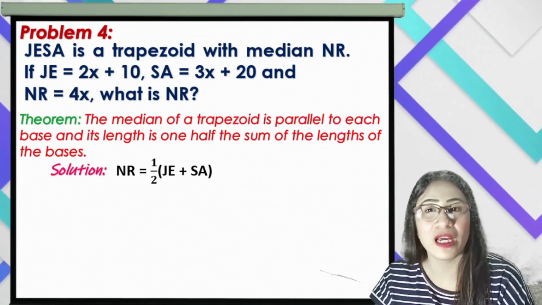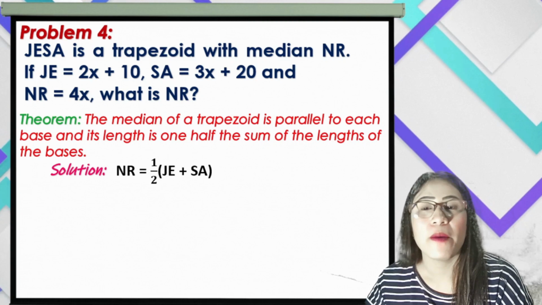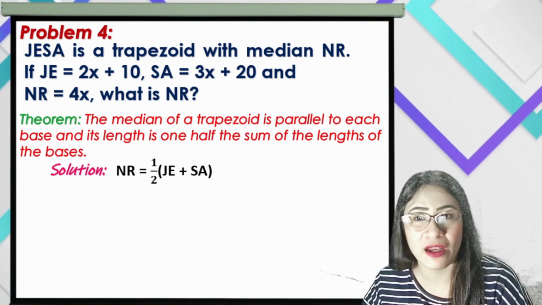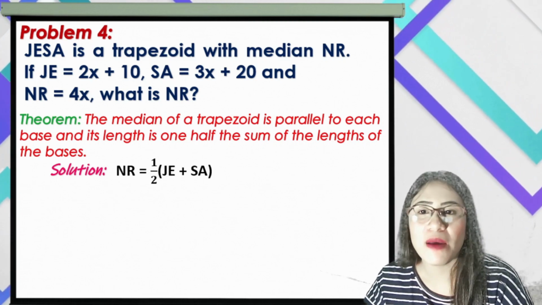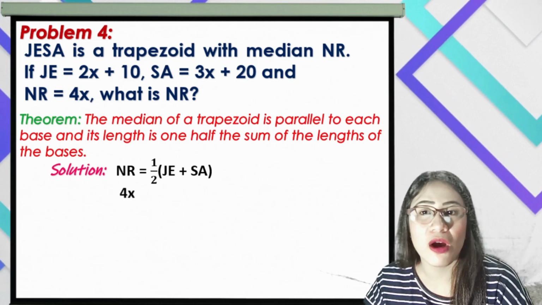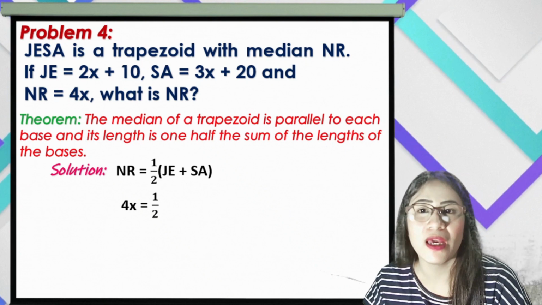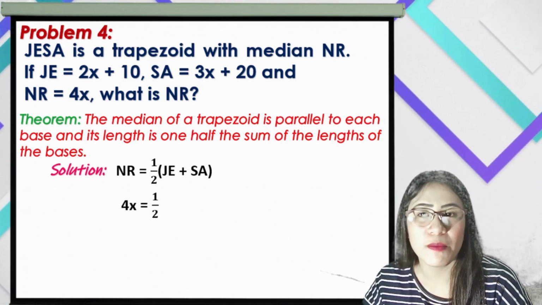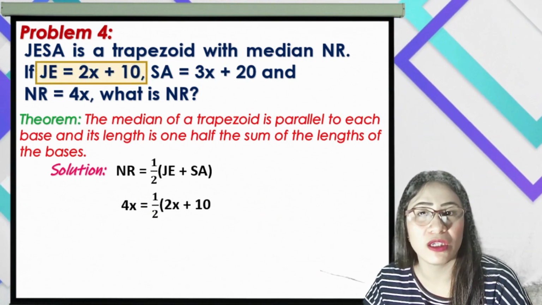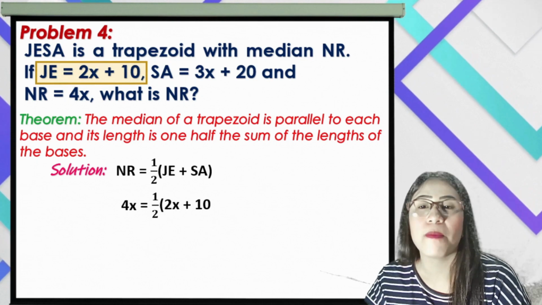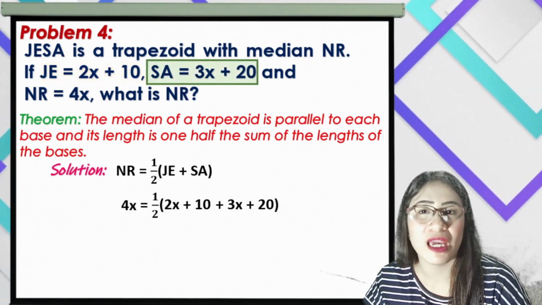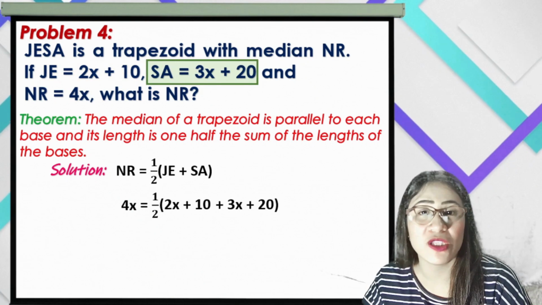We will get the measure of the median NR. The measure of NR, which is 4x, is equal to 1/2 times the measure of JE, which is 2x plus 10, plus the measure of SA, which is 3x plus 20.